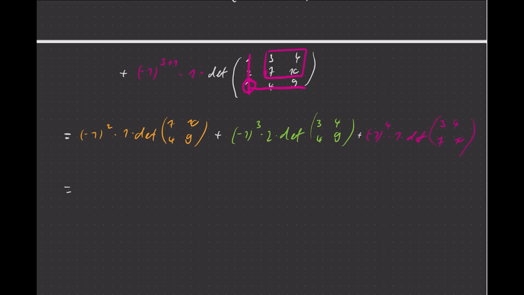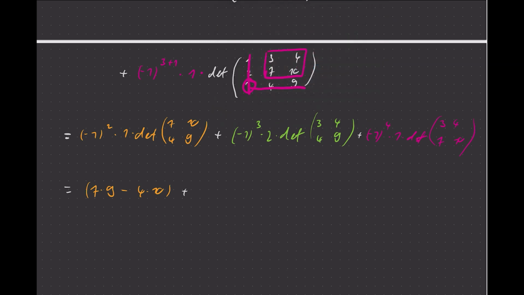So what we get in the end, minus 1 to the power of 2 is plus 1, of course, times 1 is still plus 1, times that determinant. And that determinant, well, that is, remember, we multiply these two entries and then subtract the product of these two entries. So there's 7 times 9 minus 4 times 10. That's the orange part. Plus.